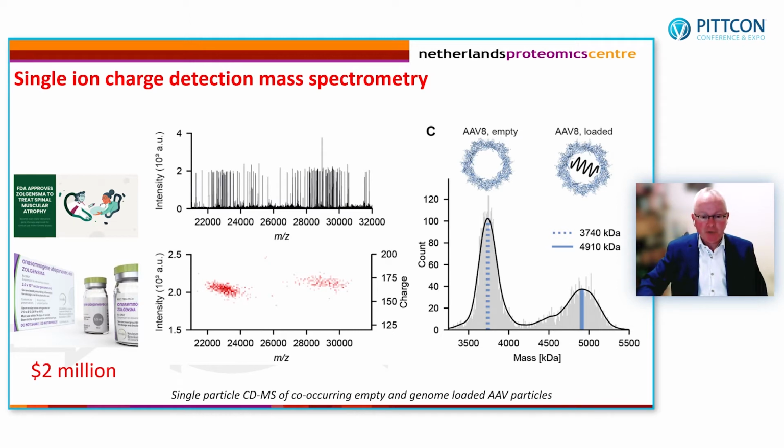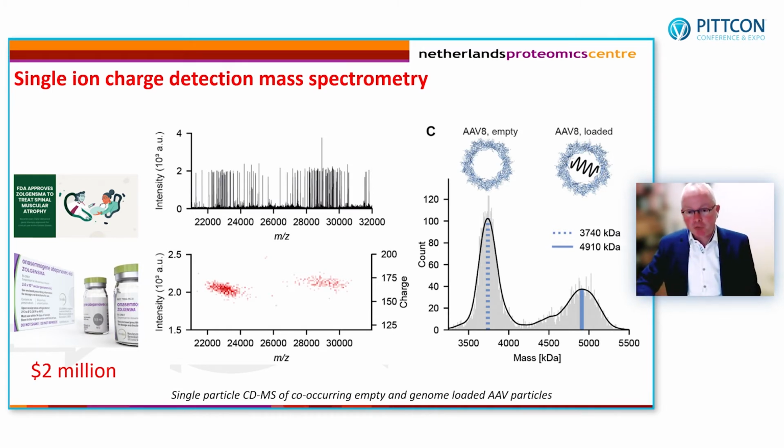And to me, this is as close as you can get to the Coulter principle. We measure ion by ion, we size it, we measure its charge, we measure its mass, and we are now able to count how many of the particles contain a genome and how many don't contain a genome. Now, in this whole gene therapy field, this is actually a major bottleneck, a major problem.